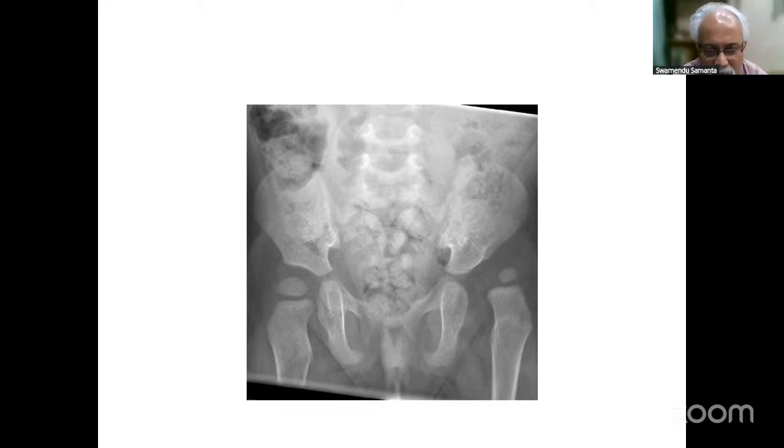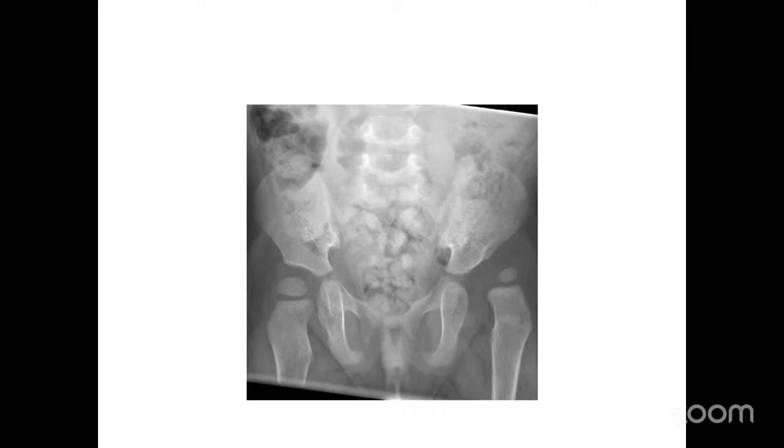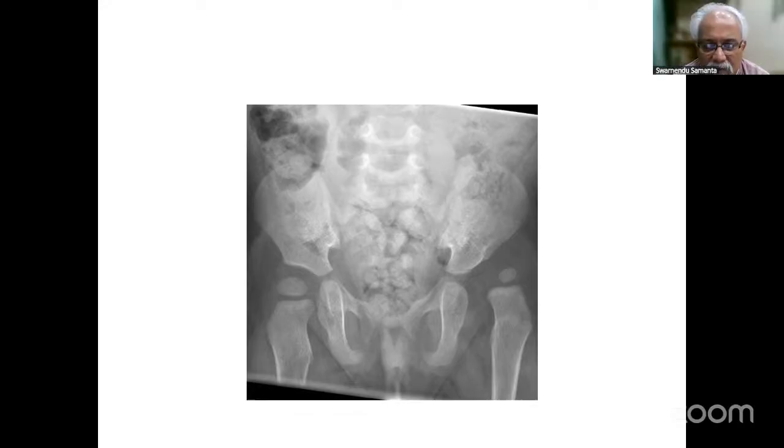I told you never to use any of those formats. Developmental dysplasia of the hip, or congenital dysplasia. You can mention the site, as the X-ray is not given in a flipped manner. So you are absolutely correct.